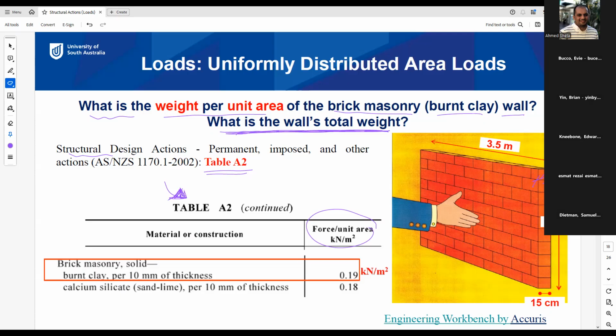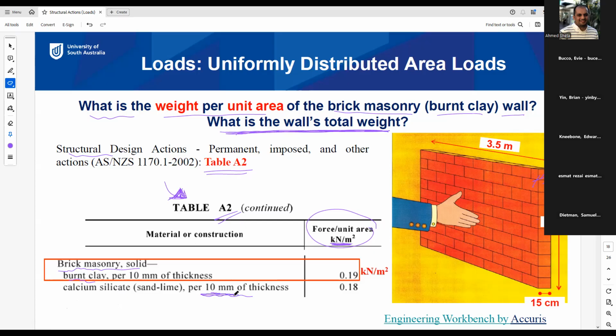So when you look at table A1, you will not find the burnt clay wall, but you will find it in table A2. In table A2, the material and the force per unit area are in kilonewton per square meter. If we look at the table, we will find the brick masonry burnt clay wall per 10 millimeter of thickness.